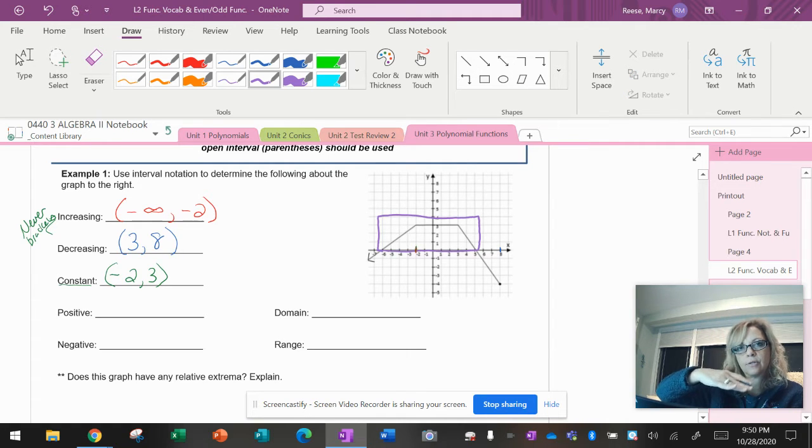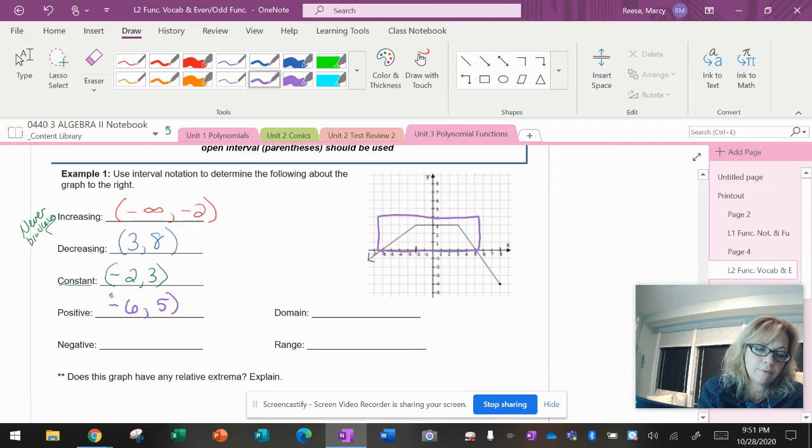Positive means any y values that are positive, but we don't want to talk in terms of y's. When I describe it, I'm going to talk about x's. So at what x value does it start to be positive, and when does it stop being positive? When x is -6, it starts to be positive, and when x is 5, it stops being positive.